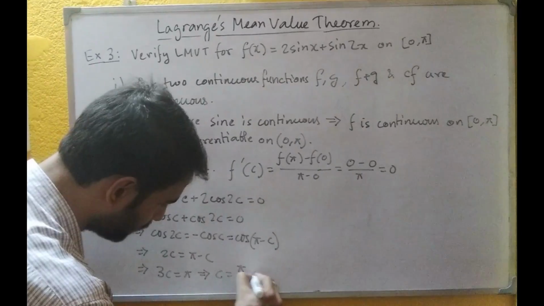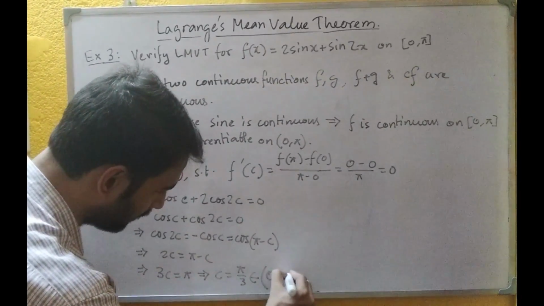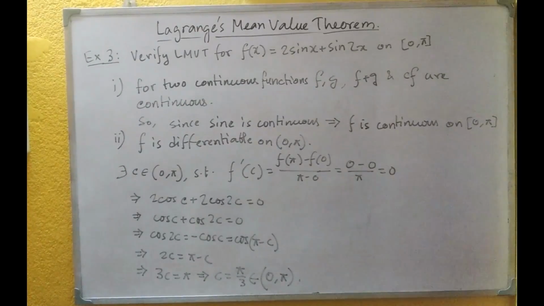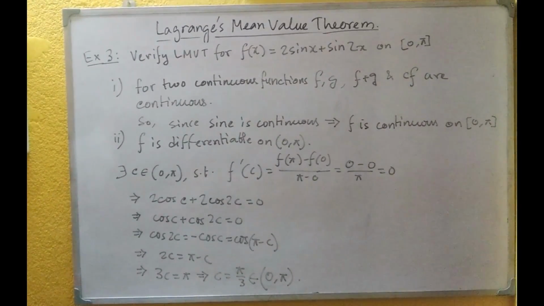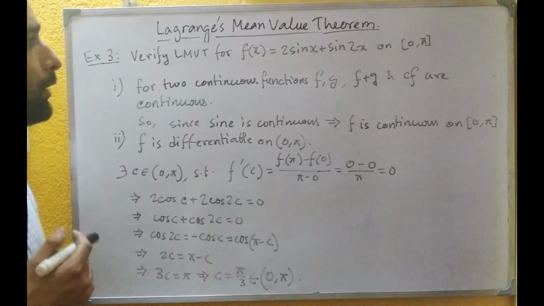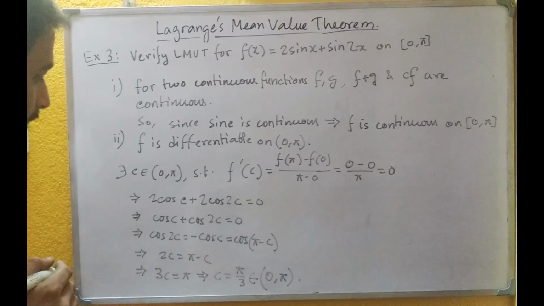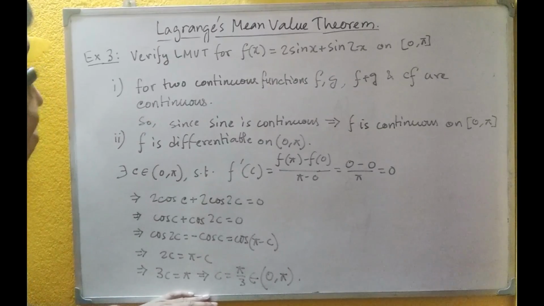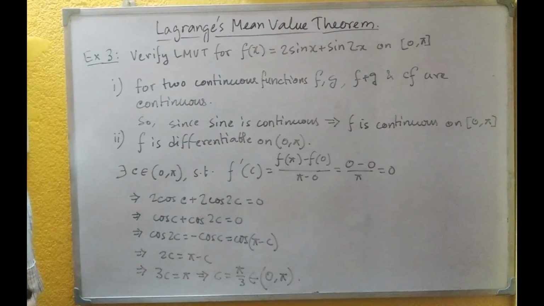And clearly this value pi by 3 is within the interval 0, pi. So we can say yes, the function f of x equals 2 sin x plus sin 2x satisfies Lagrange's mean value theorem on the closed interval 0, pi.